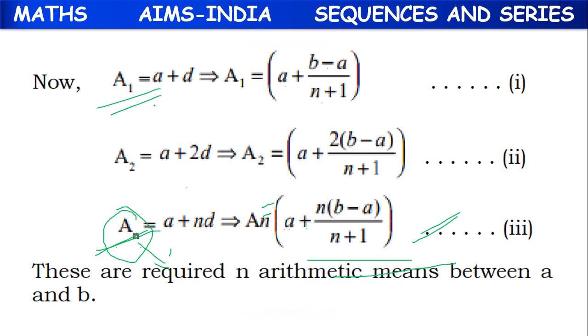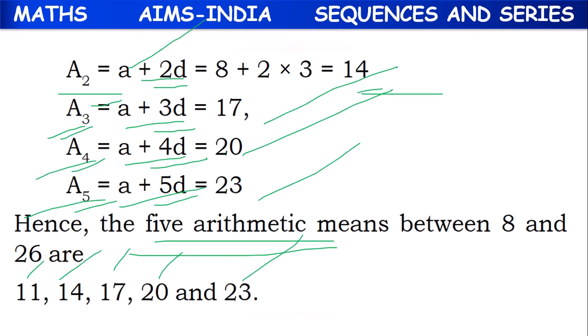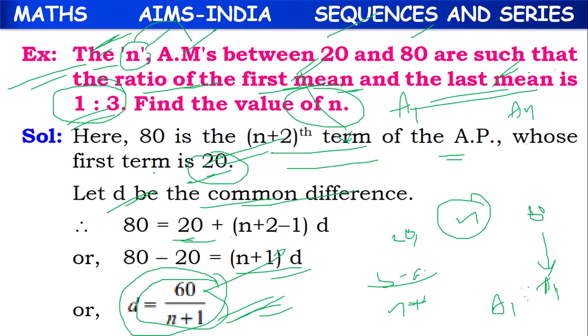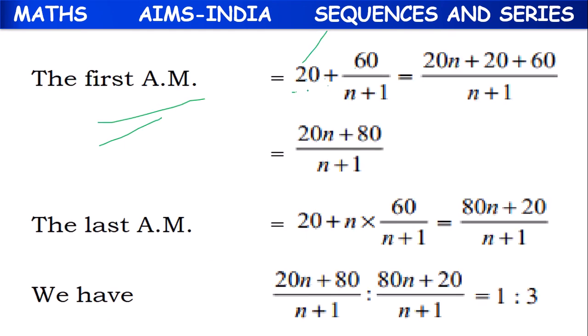A plus d. Just now we have calculated d as 60 by n plus 1. So 20 plus 60 by n plus 1. If you take LCM, 20 into n, 20n, 20 into 1, 20, plus 60 by n plus 1. 20 plus 60, 80. 20n plus 80 by n plus 1.